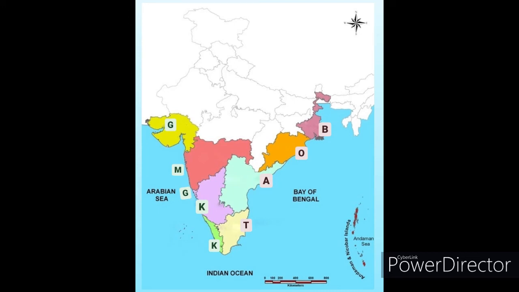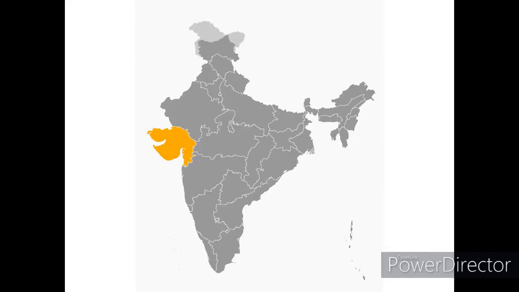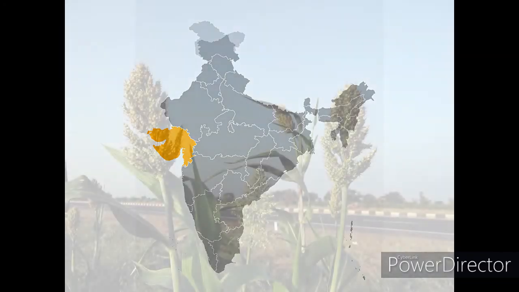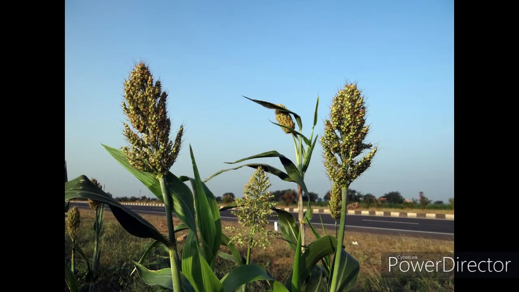KKGMG, K stands for Kerala, the other K stands for Karnataka, G stands for Goa, M for Maharashtra, and G for Gujarat.